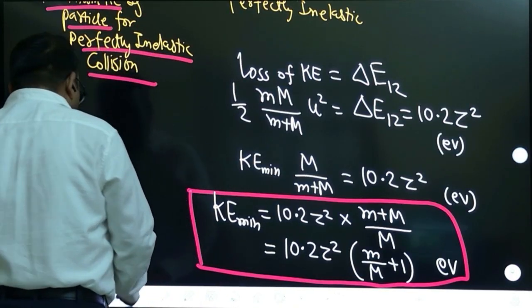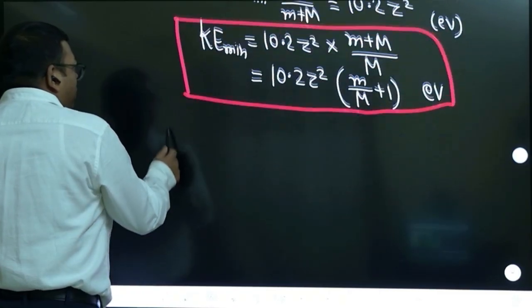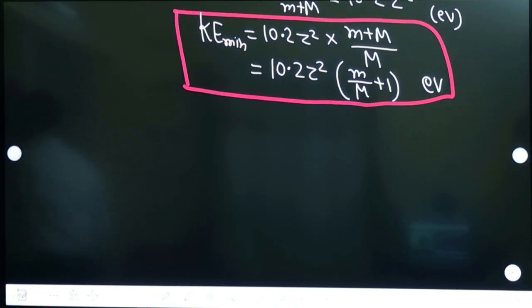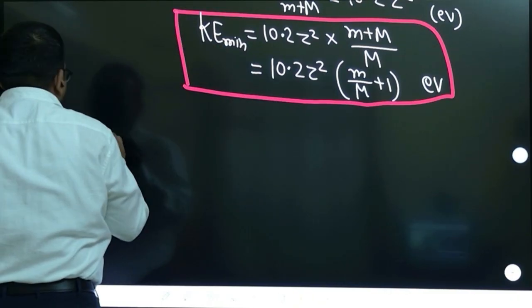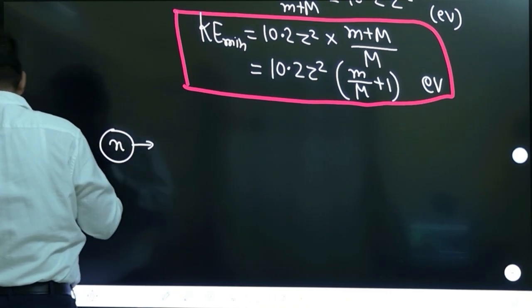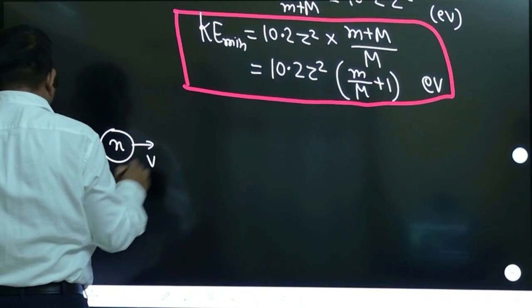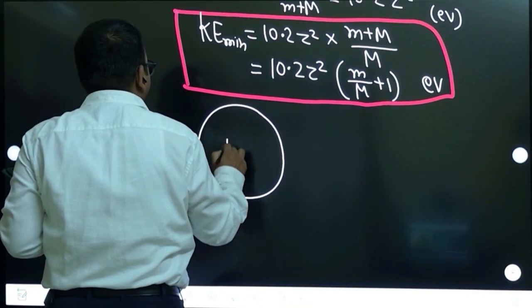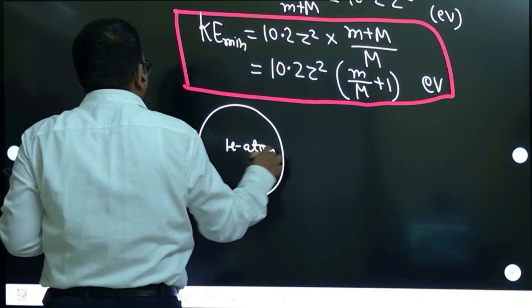Now take one very important question on this model, among NEET model questions that have come in PYQs. Let us take that. The question was: a neutron is going with a speed v, and it is going to have a head-on collision with a hydrogen atom.